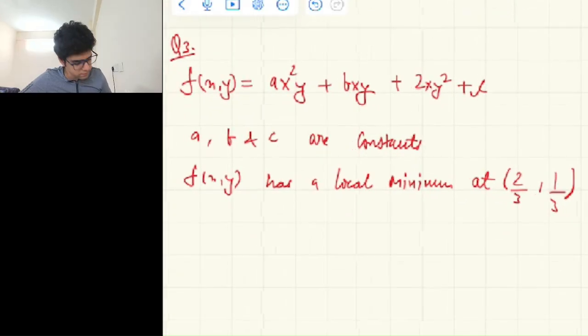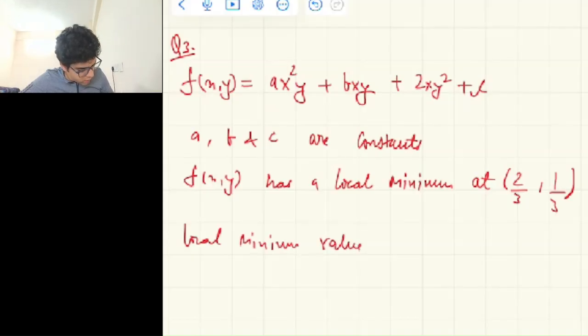And this means that the local minimum value is minus 1/9.